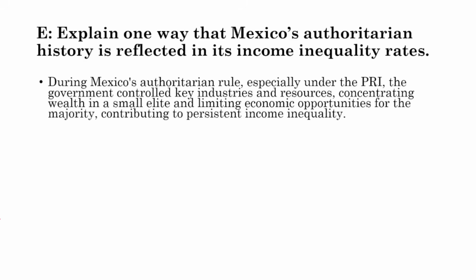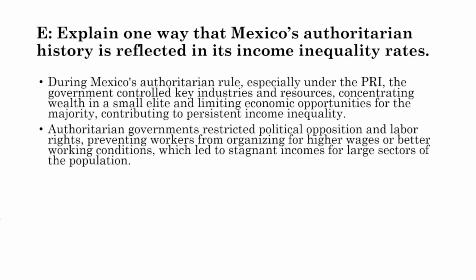They had authoritarian rule under the Institutional Revolutionary Party, and that was accompanied by the government controlling key industries and resources like oil, and that concentrated wealth in a small group of people, a small elite, and it may have limited economic opportunities for the majority of the people, the working class, or at least economic opportunities that resulted in a wide variety of different incomes for the people within the country, and that contributed to income inequality. We call these public sector services or goods or public sector industries. The authoritarian government restricted political opposition and labor rights.